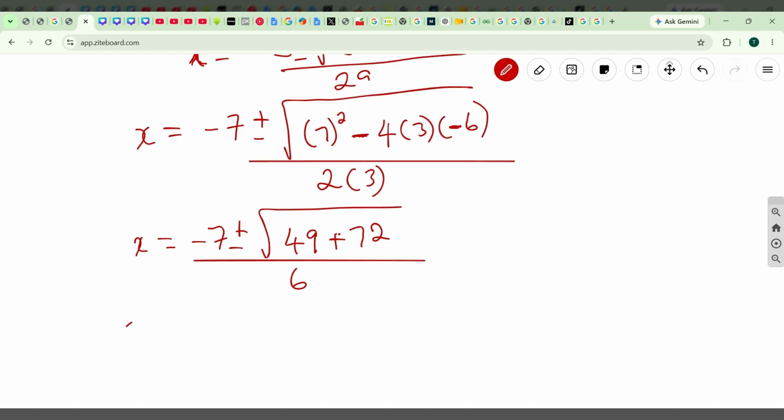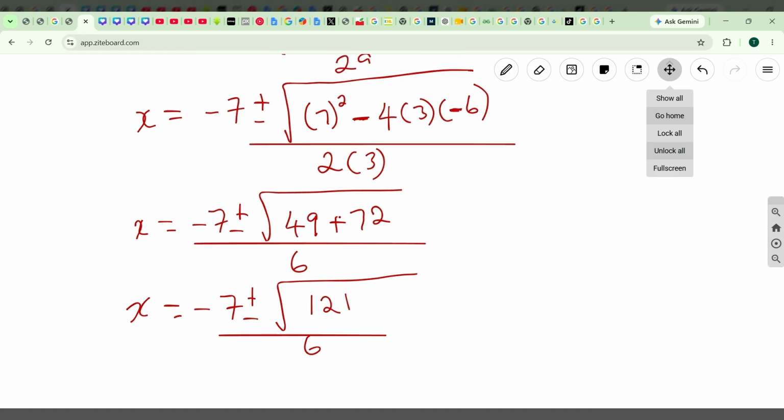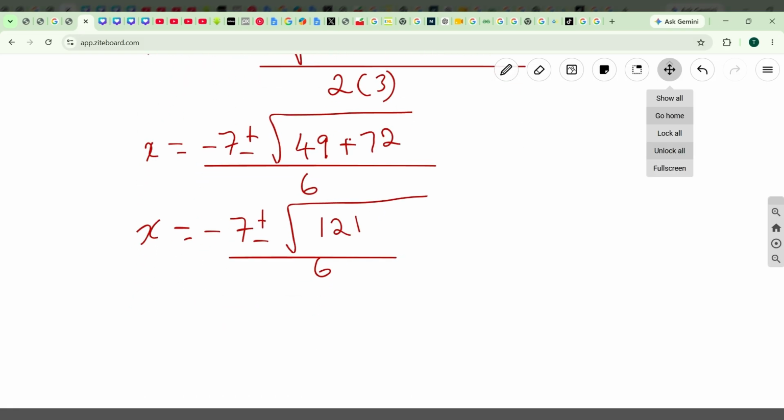What next? x is equal to negative 7 plus or minus the square root of 49 plus 72. So if you do 49 plus 72, you will have 121, divided by 6. So what's the next thing we're going to do? 121 is a perfect square, which means we can find the square root of 121.